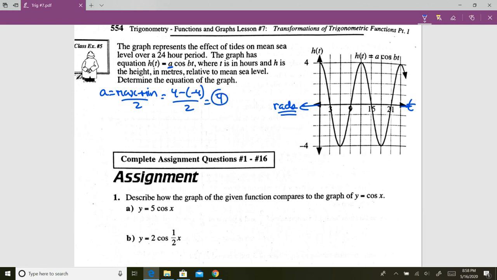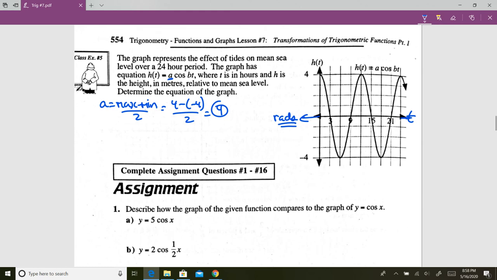Done, part of it. Now you have to find the period of this graph. Well, just go from this peak to that peak. 3, 6, 9, 12. Your period is 12 hours if you want, but I don't care about the units. So it's 12. But I need to find the b value.